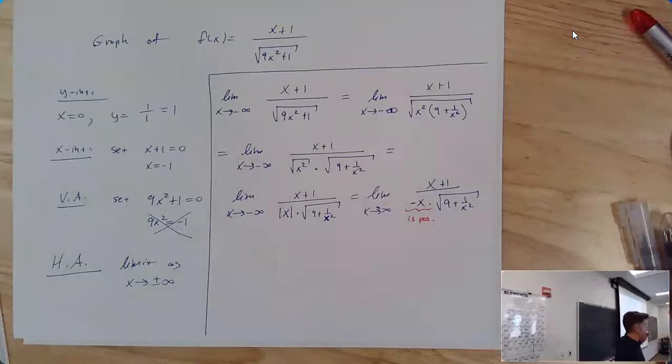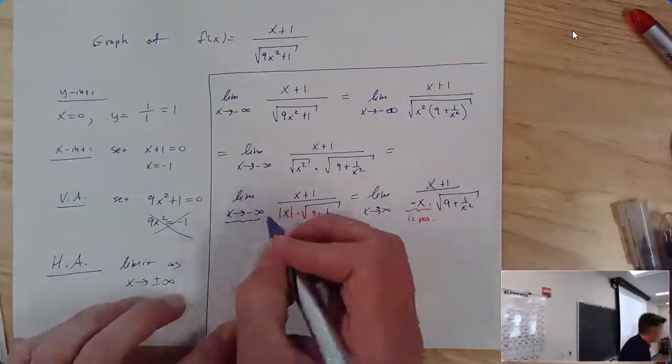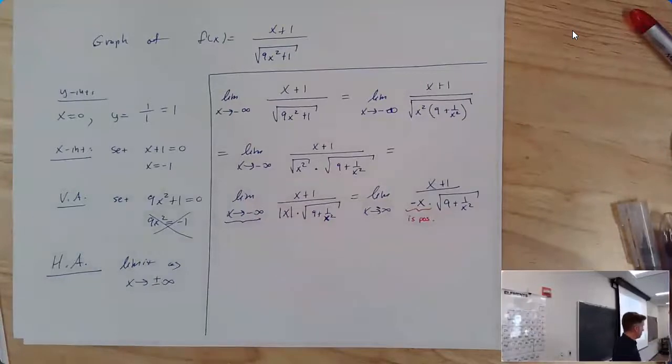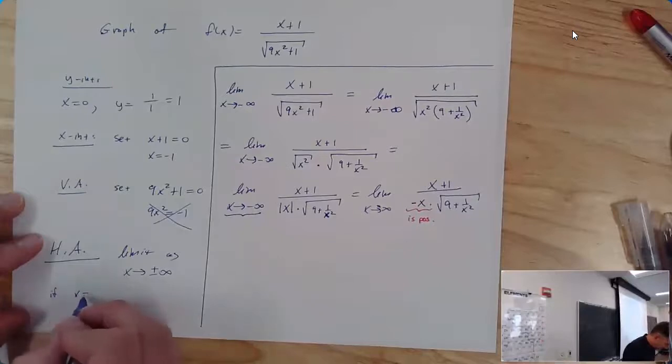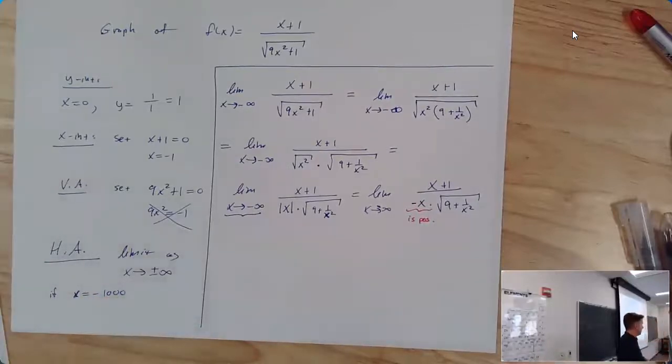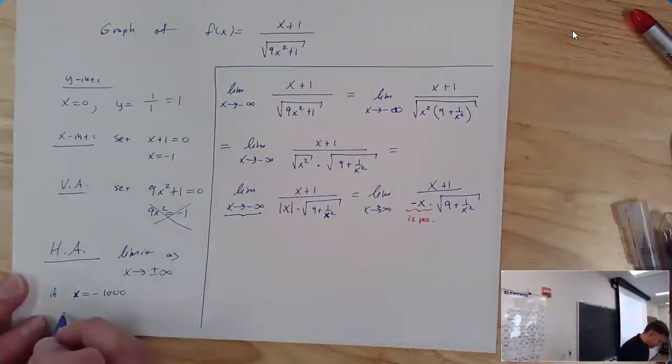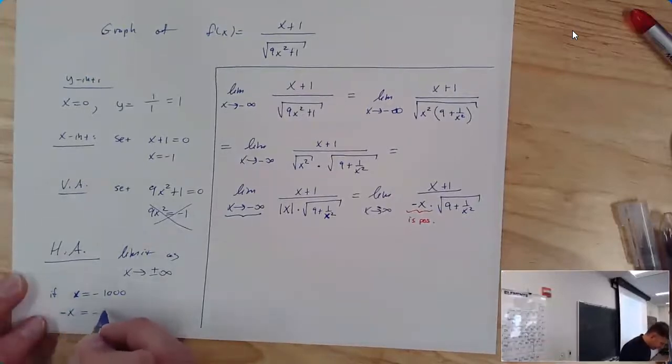Because x is a very large negative number. But I can't just say it, because I still have to write x. For example, if x is negative 1,000, how do I write down positive 1,000? I'm going to write down negative x.